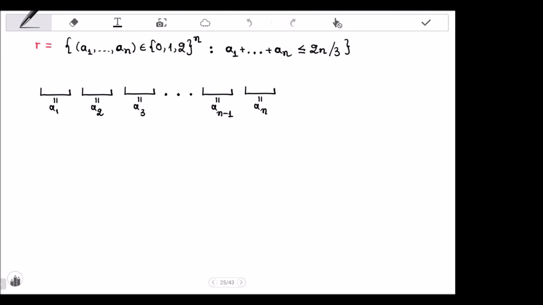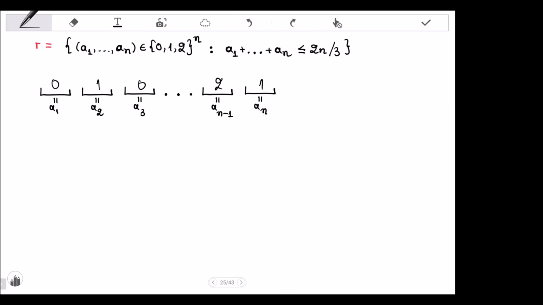So here are the numbers I have to fill up. They have to be given values, either zeros or ones or twos. So I have to distribute zeros, ones, and twos in these n positions, so that if I add those numbers up, I get at most 2n/3.